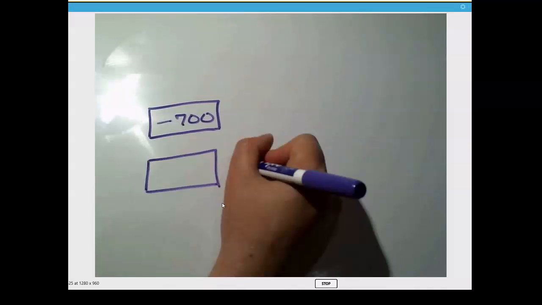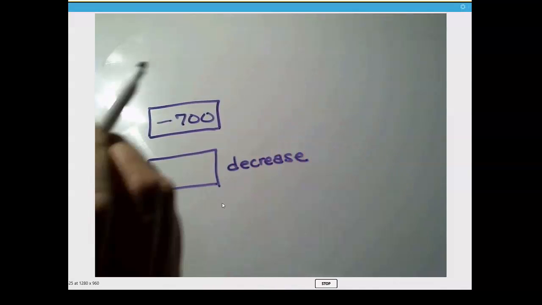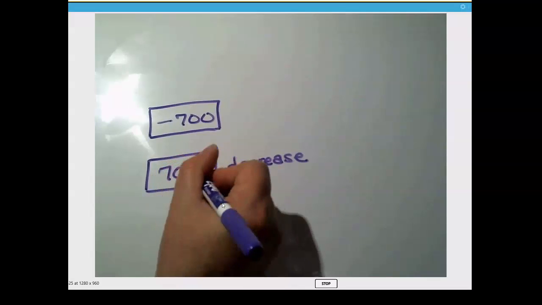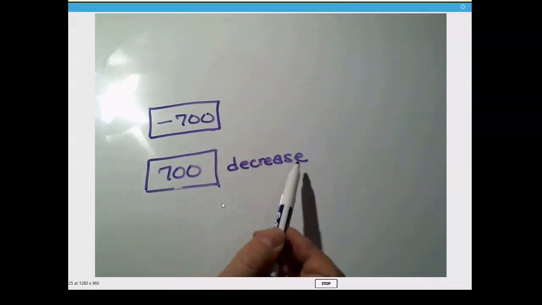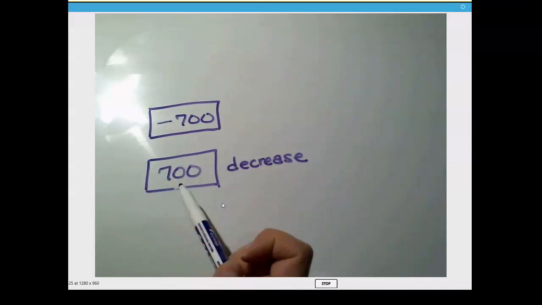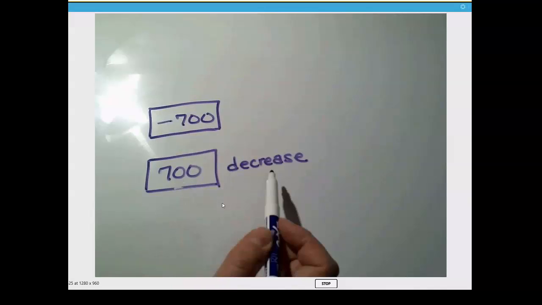However, if in my math lab you see something like this next to the box that you're supposed to type in, you don't need a negative because it already indicated that it was a decrease. So it's like redundant, and it's not necessary. It's either negative 700 or it's a $700 decrease.